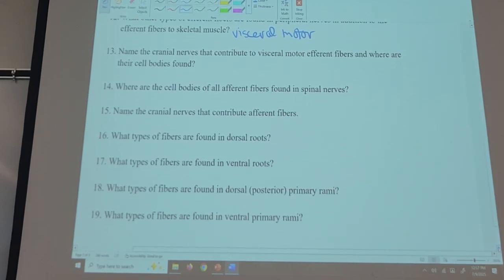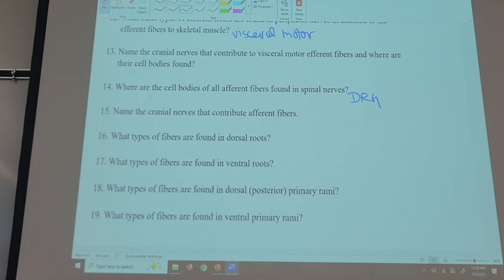Okay. So 14, where are the cell bodies of all afferent fibers found in spinal nerves? The DRG. Right, dorsal root ganglion. 15 we haven't gotten to, so 16.